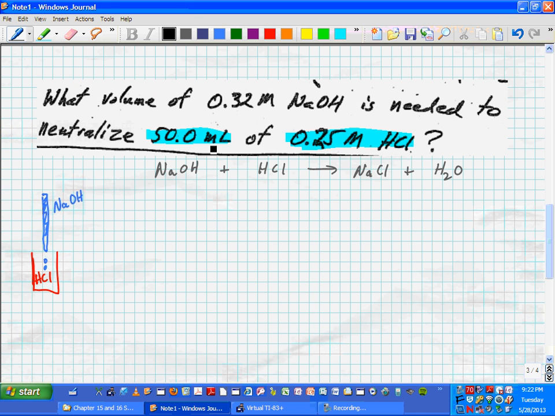Again, I'm going to liters because this is milliliters, but this is moles per liter over here. Concentration is in moles per liter. So I'm going to go with 0.0500, keep my sig figs, liters times 0.25 moles hydrochloric acid over 1 liter. These guys cancel out.